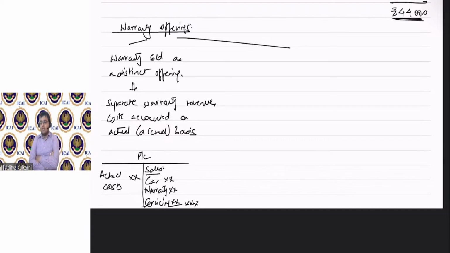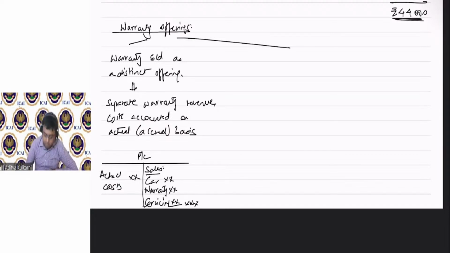Naturally, these actual costs will obviously be incurred to meet the revenue which is recognized on the credit side. So these items will be recorded on actual basis. There is no need to maintain a separate warranty provision because of this. Alright, so this is the first part.